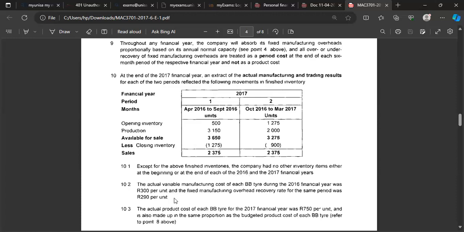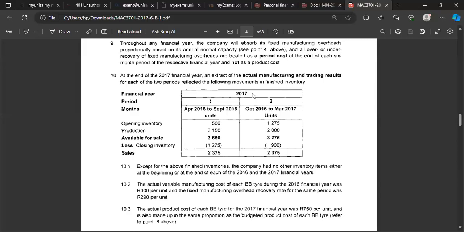For the 2016 period, these were the manufacturing costs for each unit: 300 for the variable, and 290 for the fixed. So to get the total, we add 300 and 290 to give us the total costs that we absorbed in the previous period. It's going to be 590 multiplied by the number of units, which is 500.